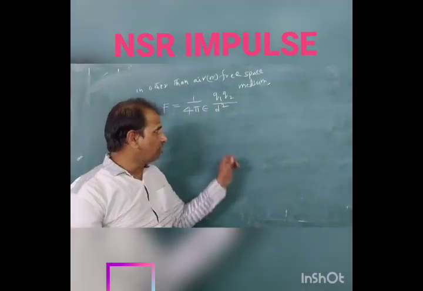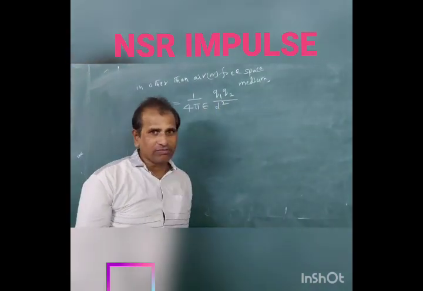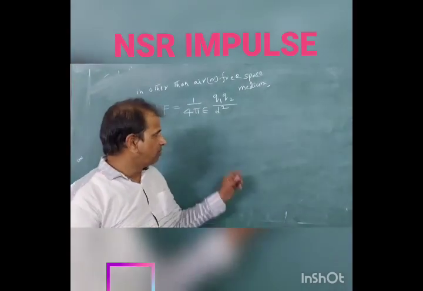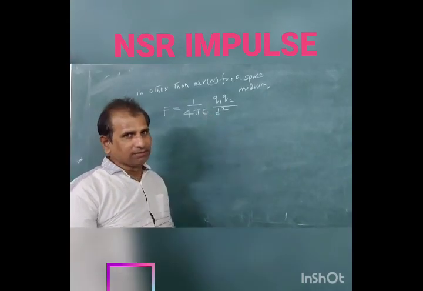This epsilon is called the permittivity of that particular medium.